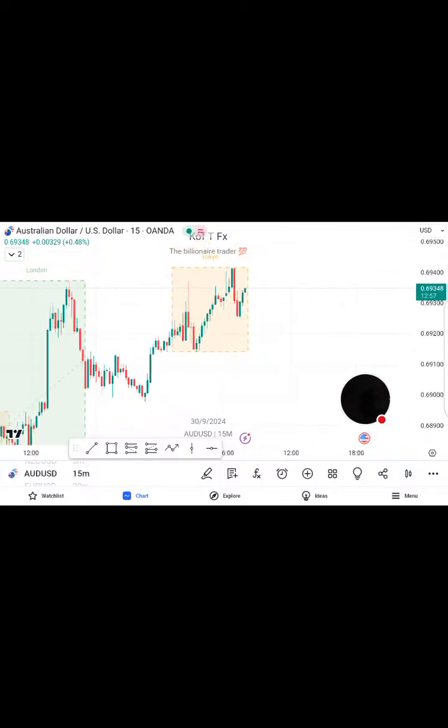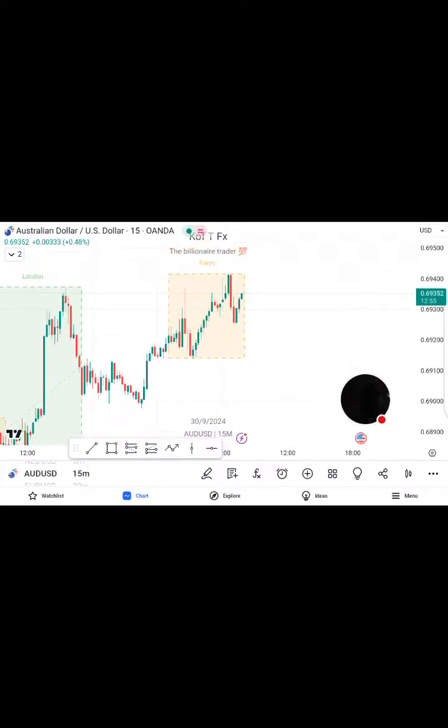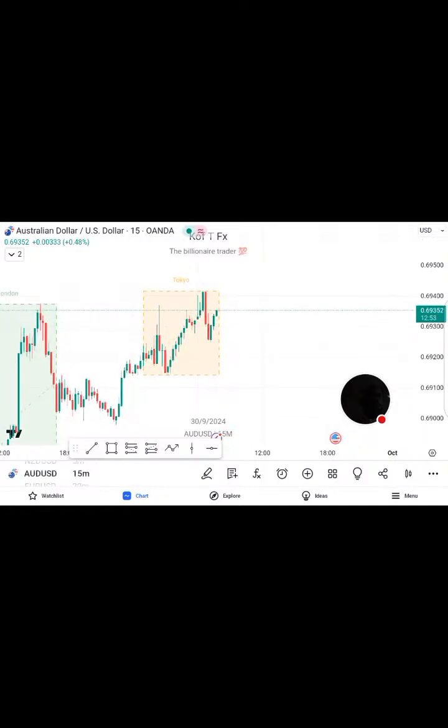Okay, this is USD. Based on previous trades I've taken and the performance of last week, I had to go back to the chart to do backtesting to discover what's going on, how the market has been working so far, and how I can improve the strategy.